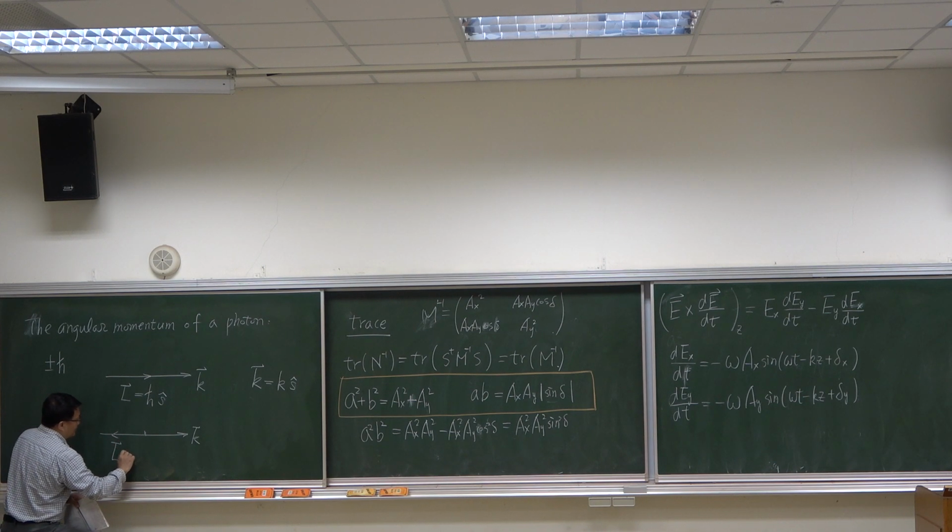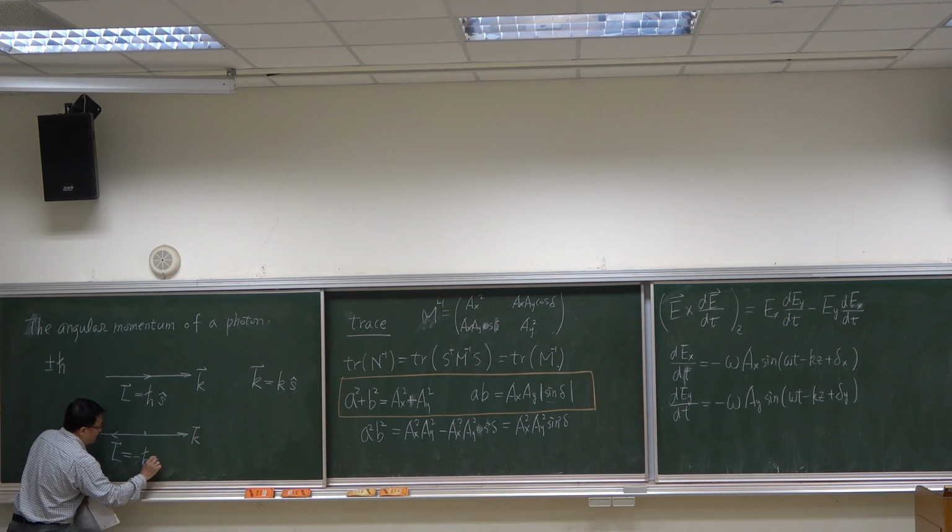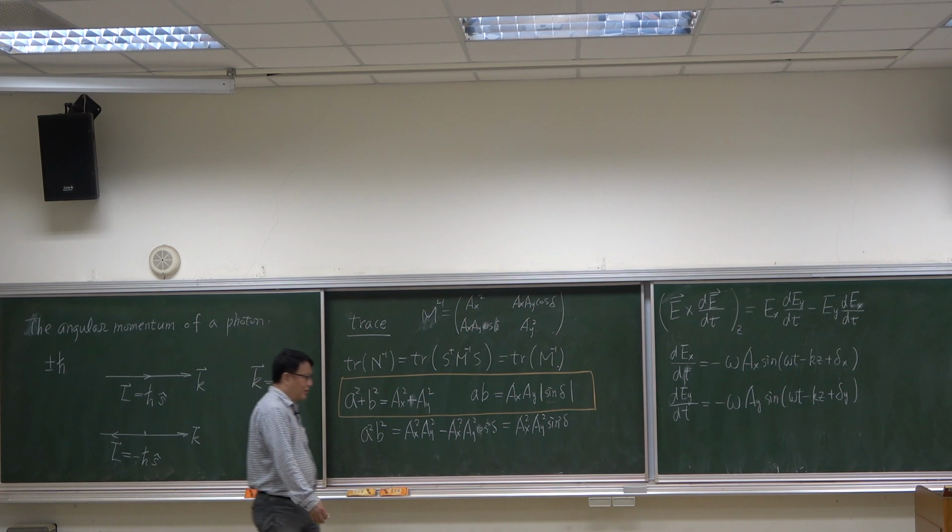Then in this case, a photon has angular momentum minus h bar. Positive or negative h bar along the propagation direction.